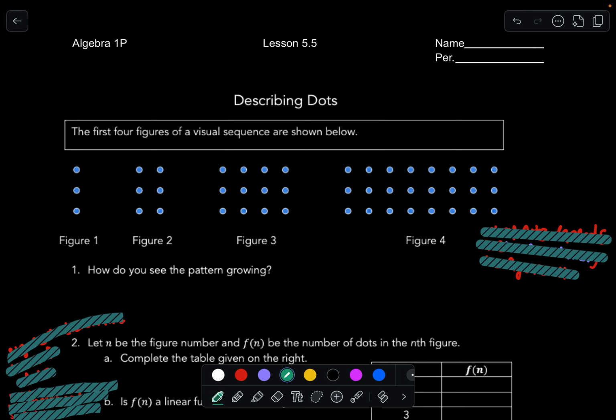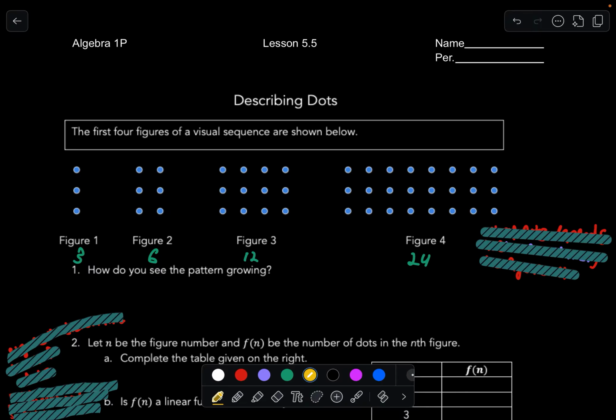We have 3 here, 6 here, 12 here, and 24 here if you count this, right? 3, 6, 9, 12, 15, 18, 21, 24. So figure 4 is 24, figure 3 is 12, figure 2 is 6, and figure 1 is 3. Those are the numbers in the sequence, represented by these dots. Okay. How do you see the pattern growing?